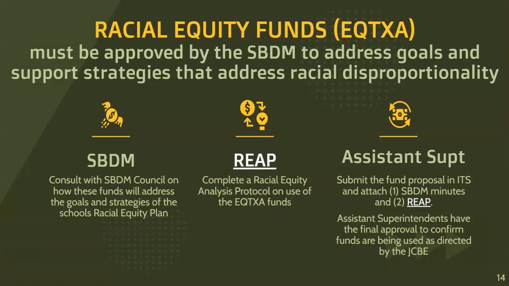Use of those funds will go through the Racial Equity Analysis Protocol, the REAP, and ultimately the requests for those funds are submitted in the investment tracking system along with the SBDM minutes and the REAP of that budget proposal. And upon approval by the assistant superintendent, who will confirm that the funds are being used as directed by the board, it'll then be directed to the budget department.